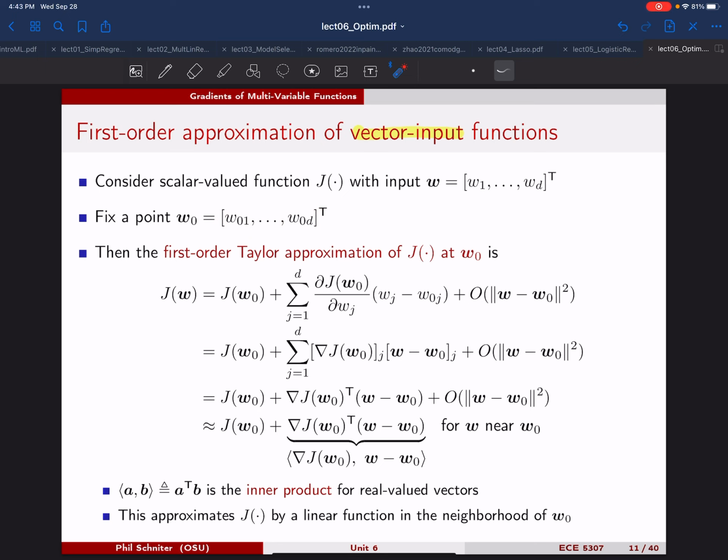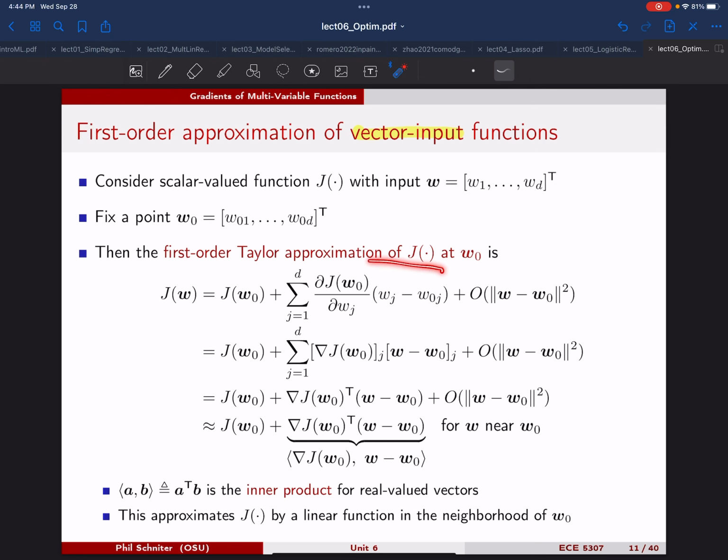So how are we going to do the first order Taylor approximation now? Well, the only thing that changes from the previous slide is we have a sum over the different partial derivatives, and then we multiply them by the deviations from the reference, for each of the coefficients. So here we have a sum over j, where j is going across that vector, and then we look at the partial derivative with respect to wj for all the different j, and we look at the deviation, wj minus the reference at index j.